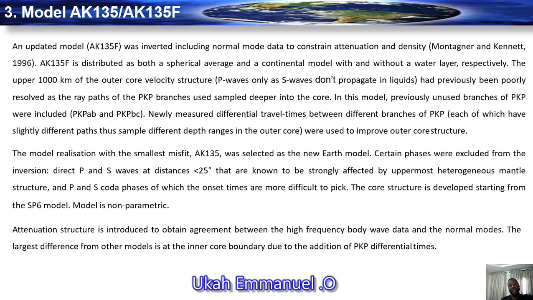In the IASP91 model it is also chosen to be 35, but in this case it is chosen to be 18 with an additional 3 kilometer water layer. So this is how the water layer comes into play in this model, because normally it does not include it, but because of the chosen crustal layer of about 18 kilometers, the 3 kilometer depth was added to include the water layer with this model.